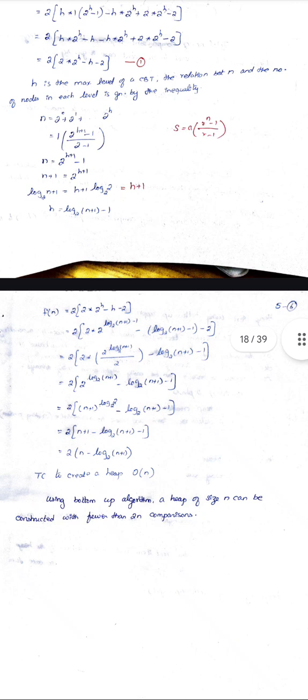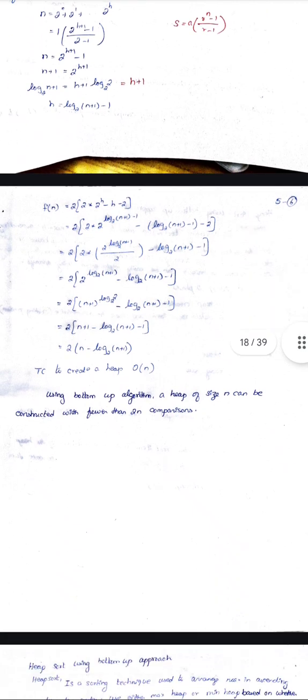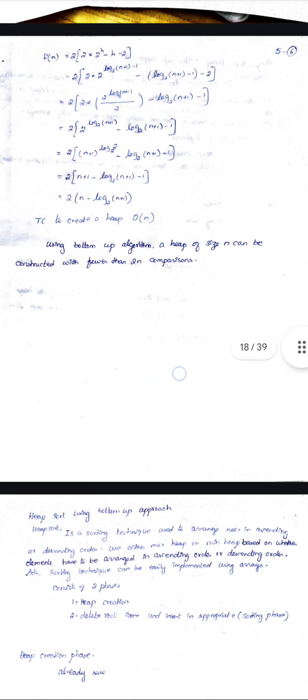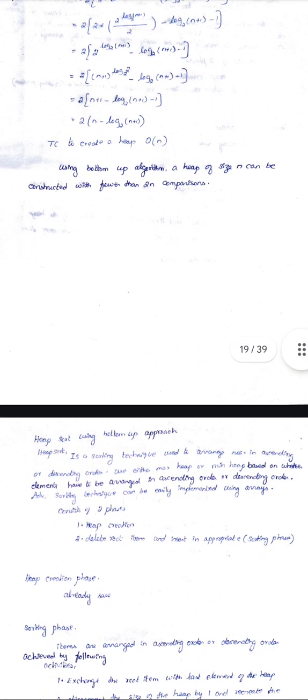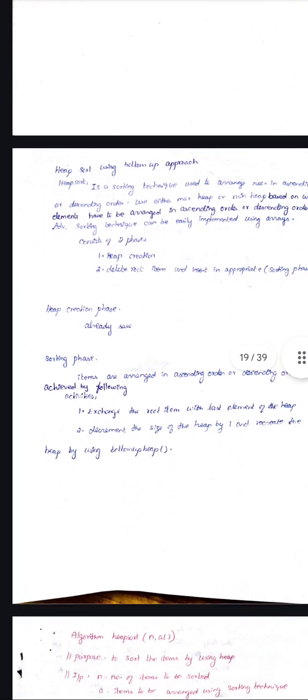We will get one value. Then for this, after comparing everything, to create a heap we need just O of n. So using the bottom-up algorithm, a heap of size n can be constructed with fewer than 2n comparisons.